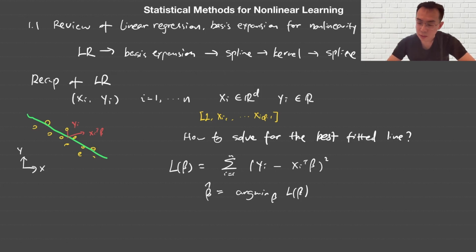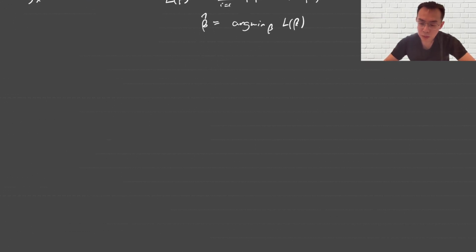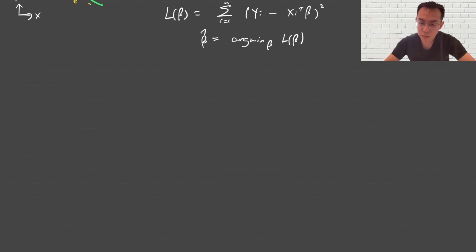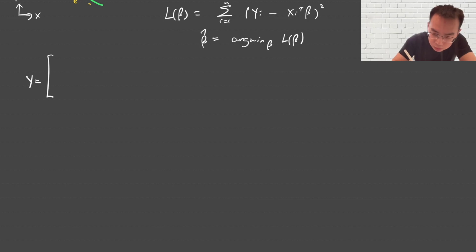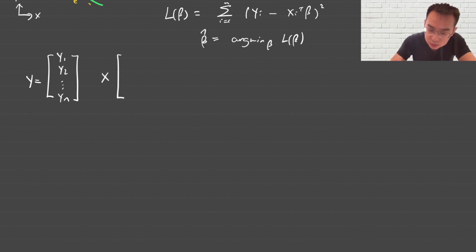So what we can do is that first I'm going to rewrite everything in matrix notation, because that's commonly used, and we should get used to that. Let me just rewrite everything with matrix notation, and then we solve this problem. So let me define y vector as y1 all the way to yn, and then we can define the x matrix by combining all the data points, x1 transpose, x2 transpose, to xn transpose.